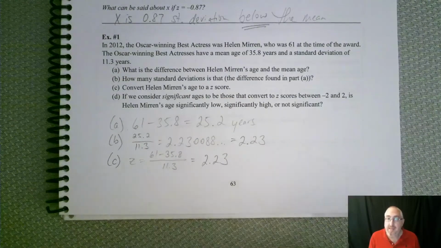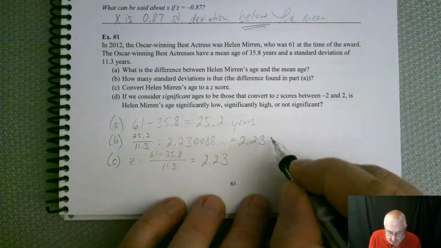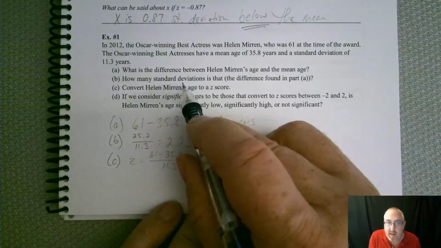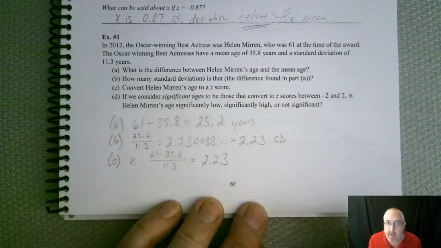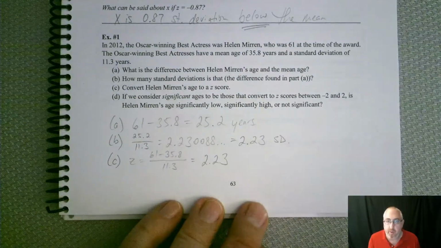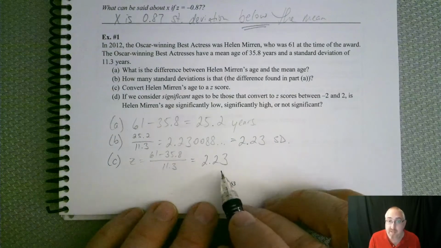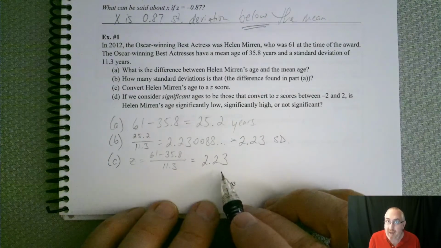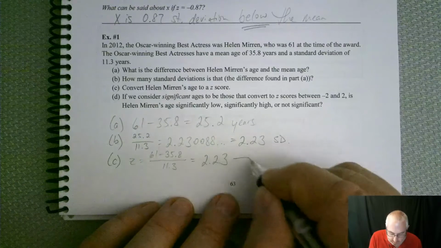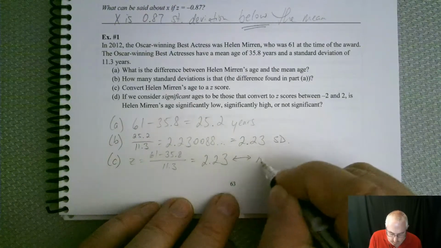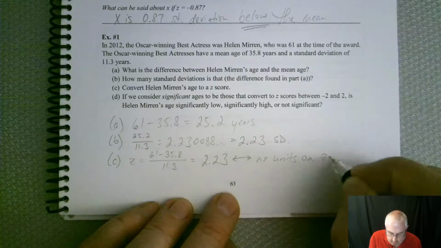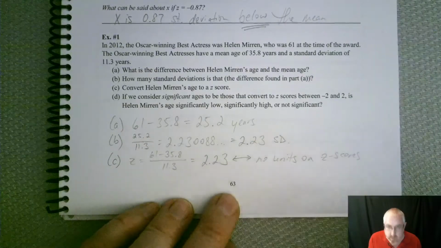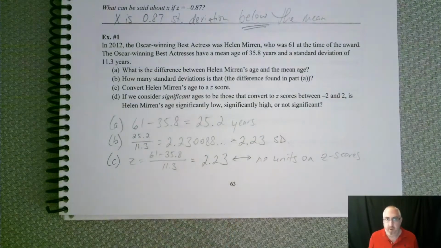Technically, this is a number of standard deviations. On the first one, they explicitly say it's standard deviations, so we should note that. But for z-scores in general, there are no units. So don't feel you have to put any kind of units on there.